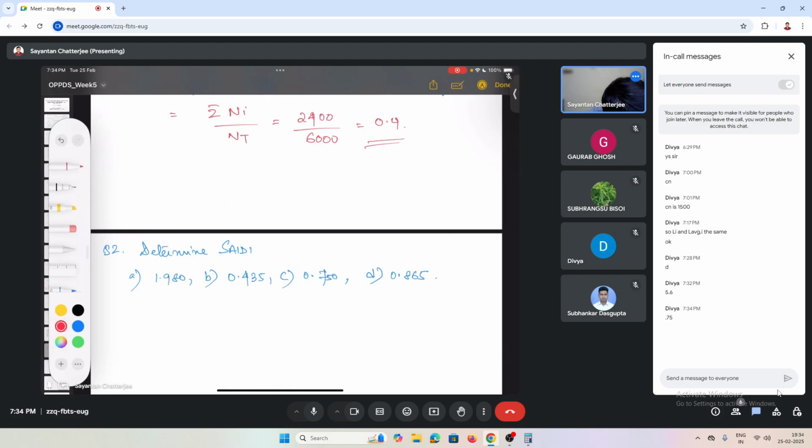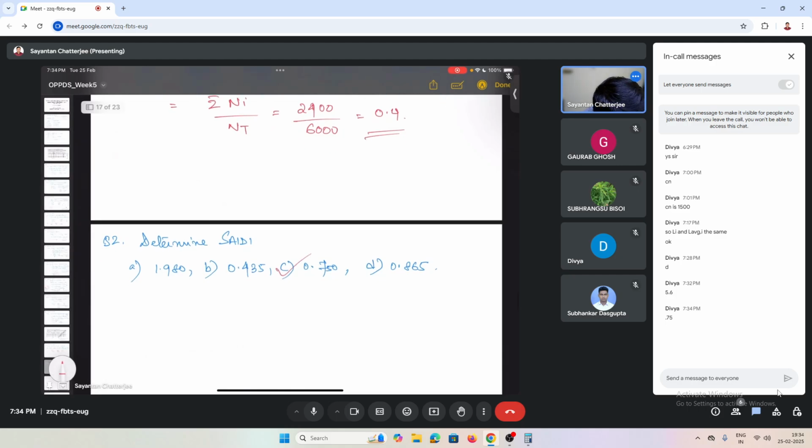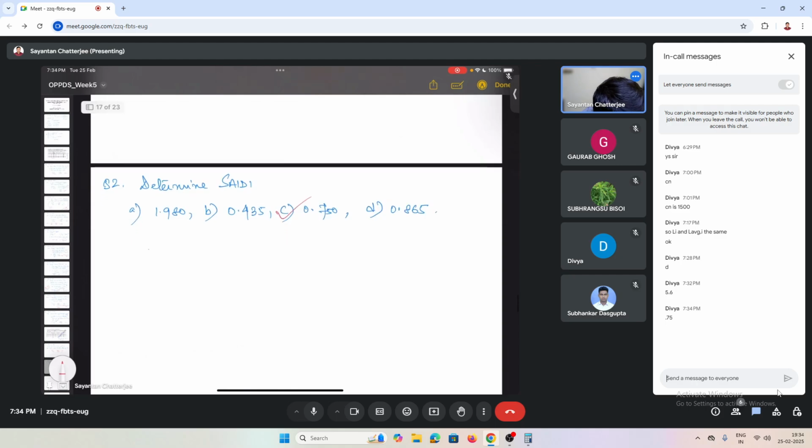Mark it here and do fast. So ID is just the duration needs to be taken, customer divided by NT. So it's RiNi divided by NT.